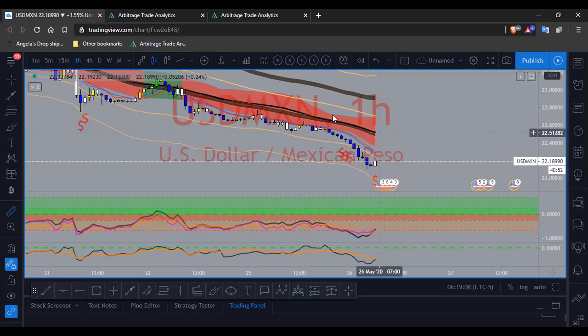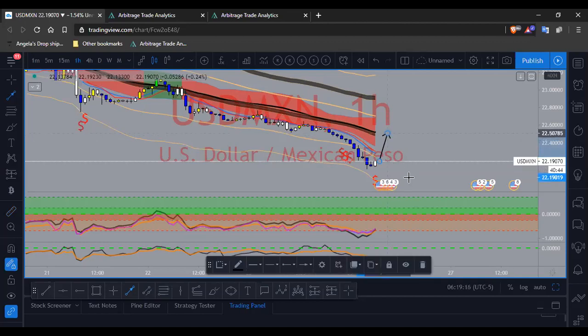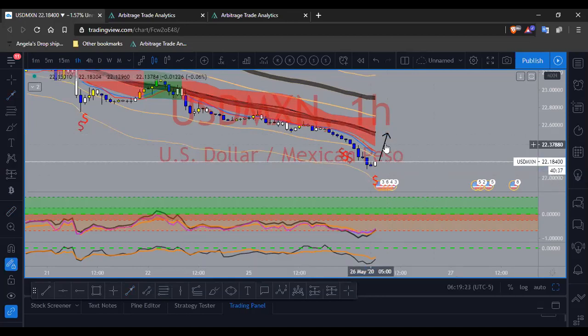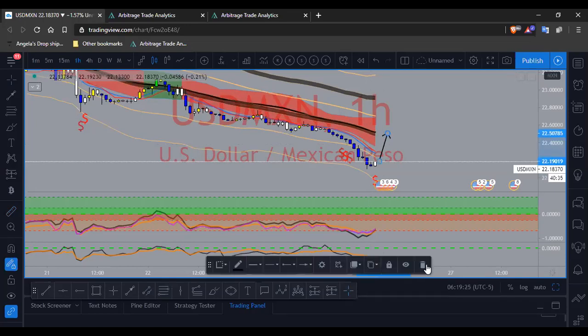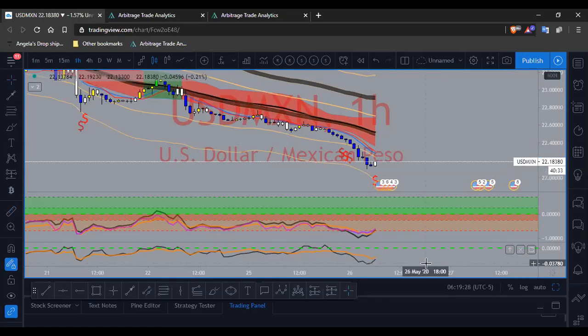So I'm not necessarily looking for buys on USD Mexican. I'm looking for price to come back up, hit that RSI line, possibly for a good re-entry type of thing before it drops down. Because the overall trend on USD Mexican, currently right now, is a downtrend. Does that make sense to everybody?